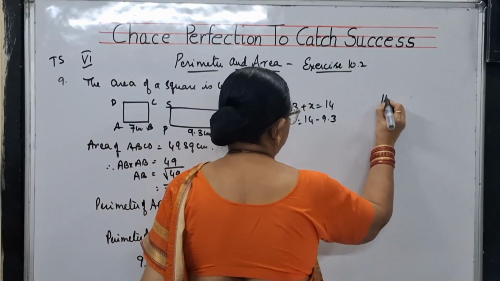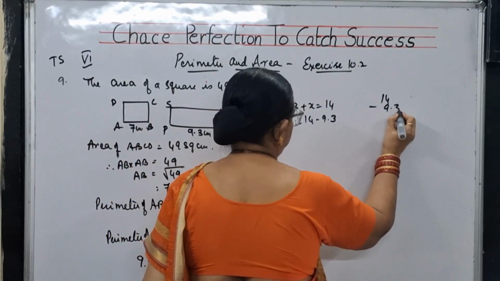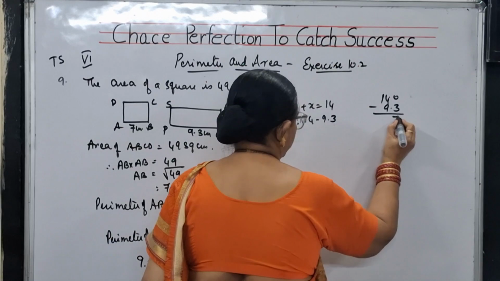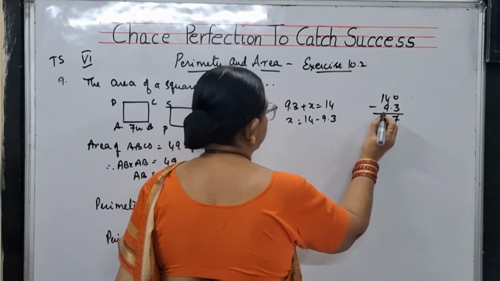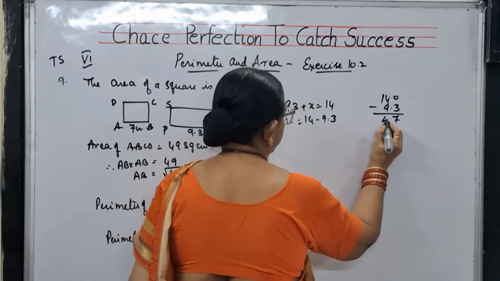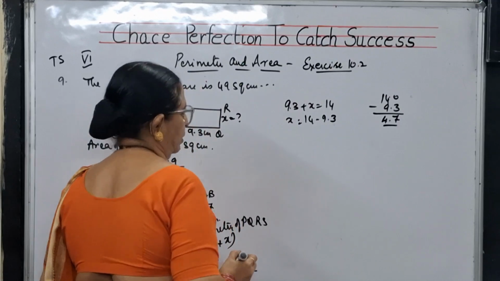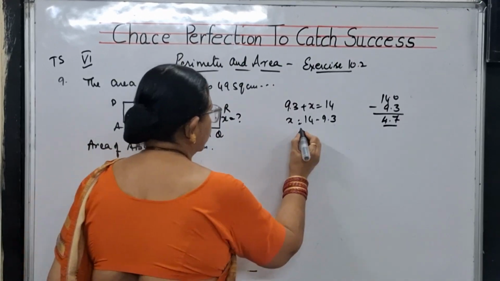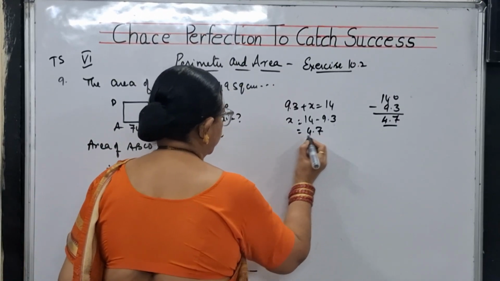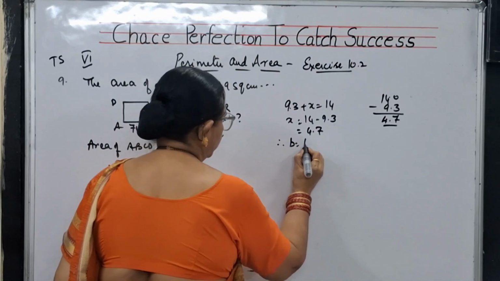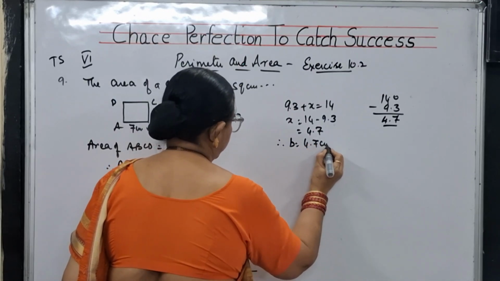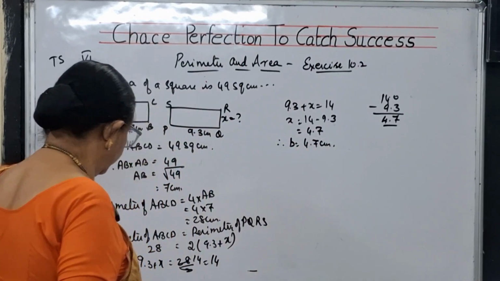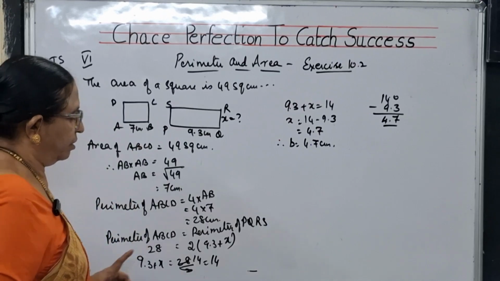From 14, if you subtract 9.3, you will be getting 4.7. You have got x is equal to 4.7. Therefore, breadth is equal to 4.7 centimeters is the first answer.